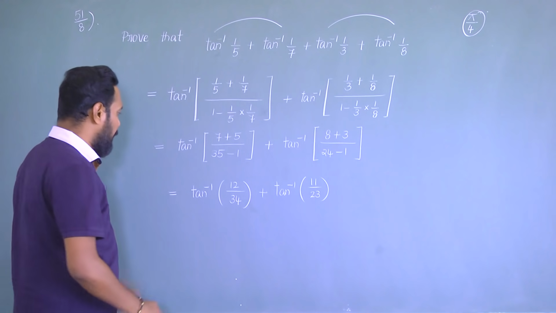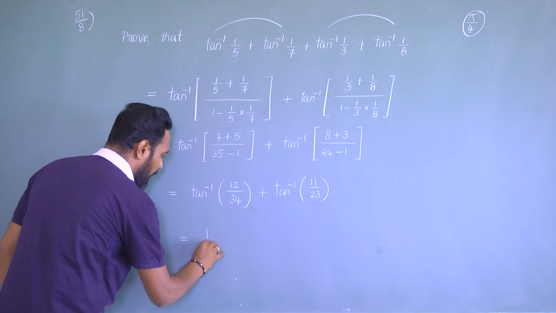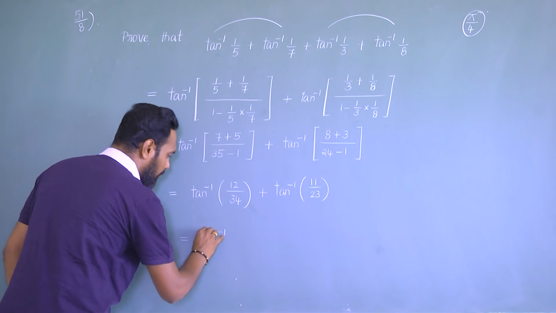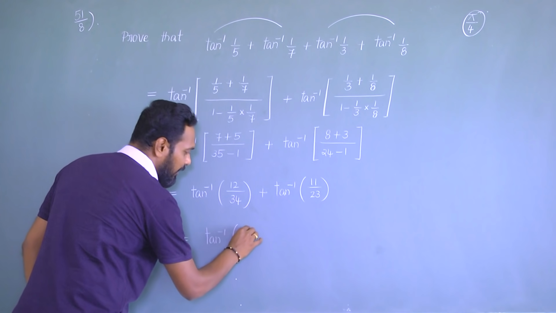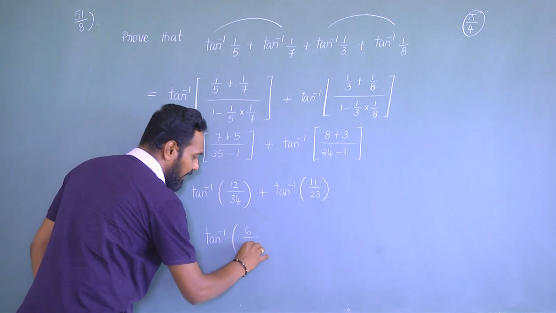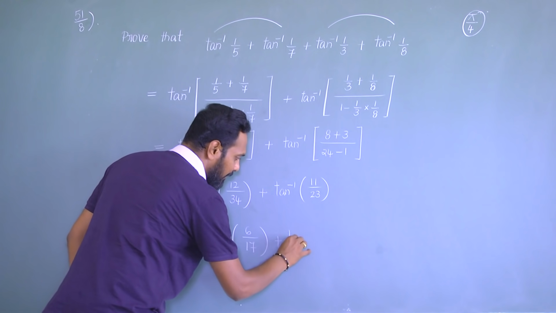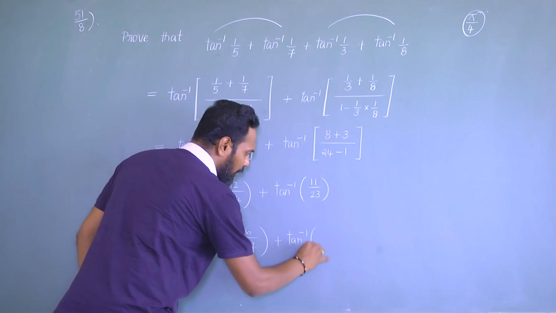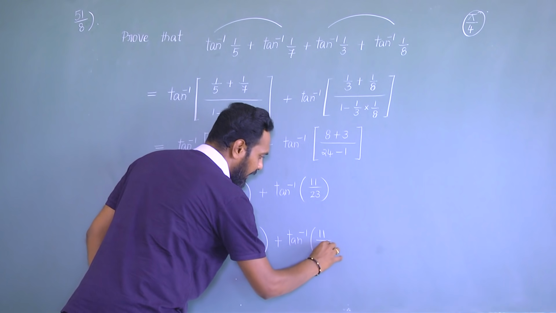The simplification if you do, then you will get tan inverse 12 by 34, it is 6 by 17, plus tan inverse 11 by 23.